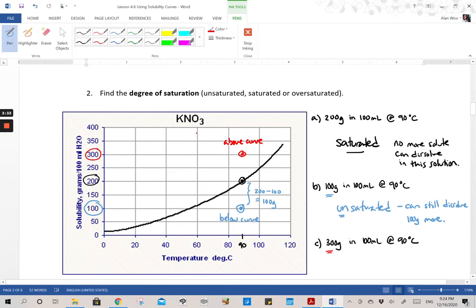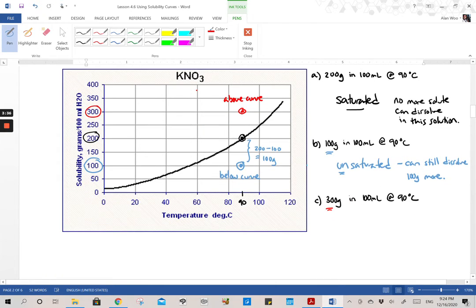So if it sits above the curve, this solution is oversaturated. Meaning that there is precipitate left over, undissolved.